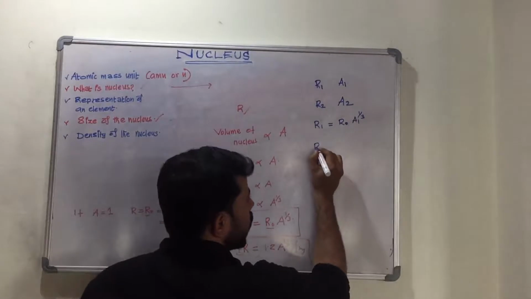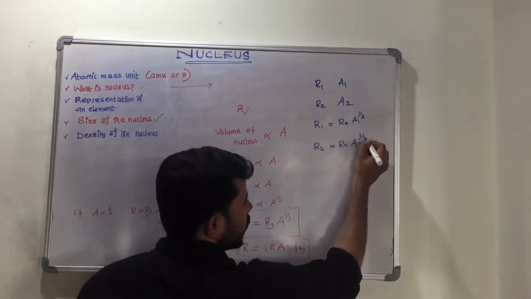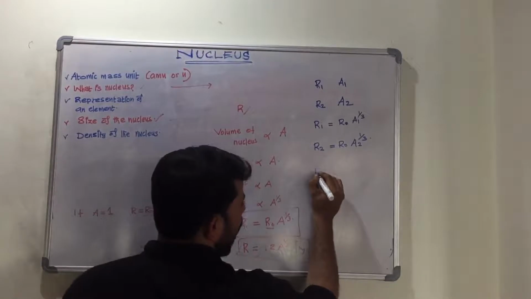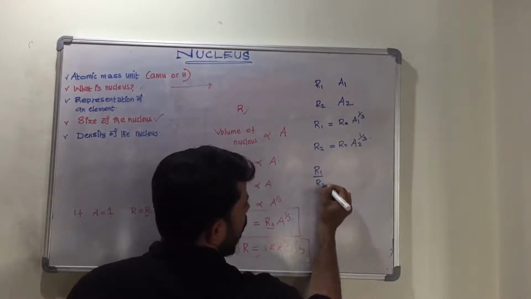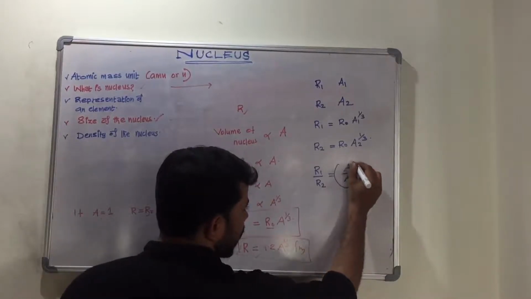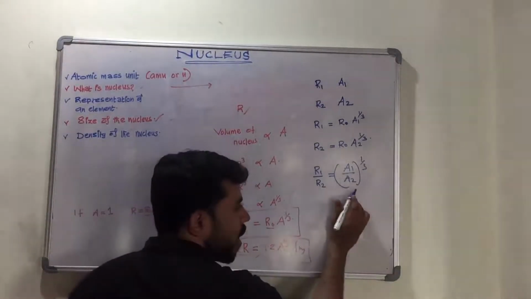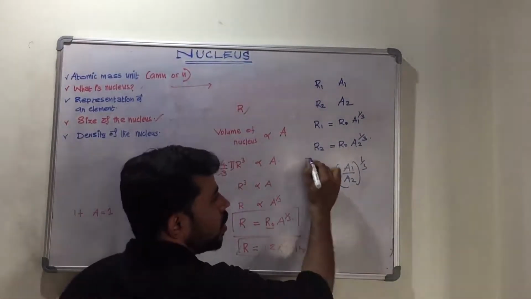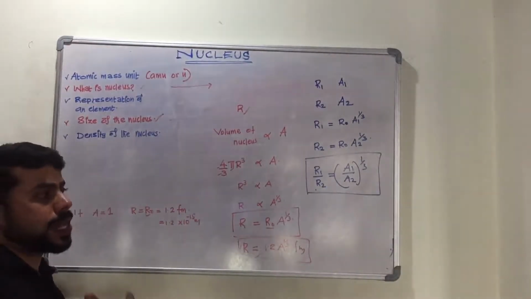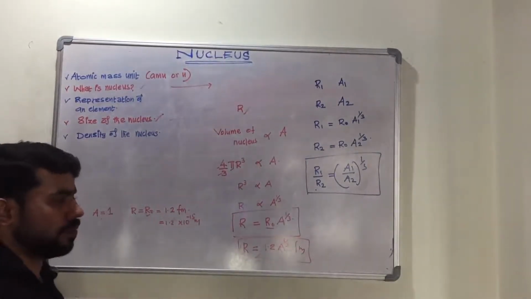Then R2 is equal to R0 into A2 raised to 1 by 3. Then from this, what is R1 by R2? R1 by R2 is actually A1 by A2 all raised to 1 by 3. So by knowing any three of these values, we can easily calculate the fourth quantity. It's an important relation between the size of the nuclei and the mass number of nuclei.